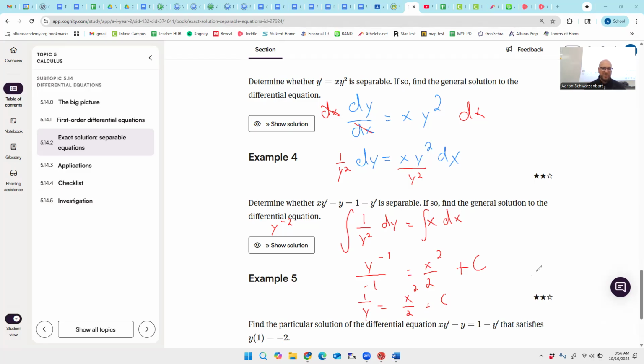But I'm going to go through actually solving. I'm going to multiply both sides by y. It is negative. Thank you. So this is a -1.